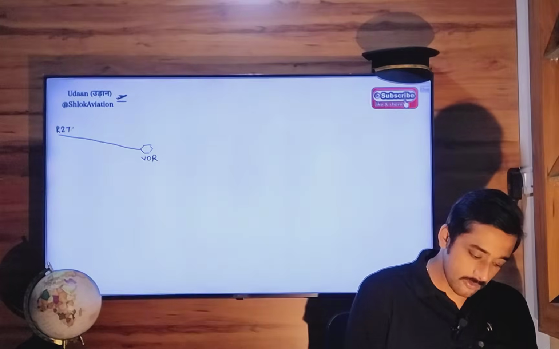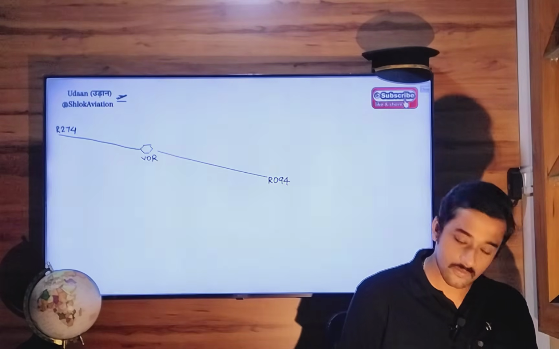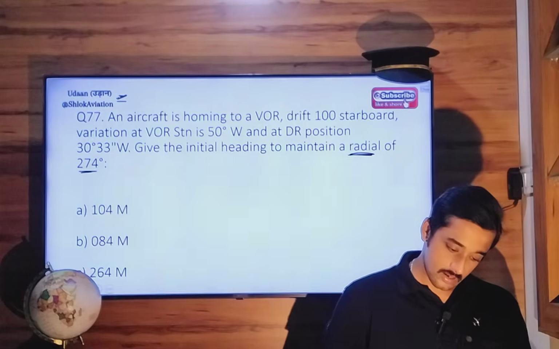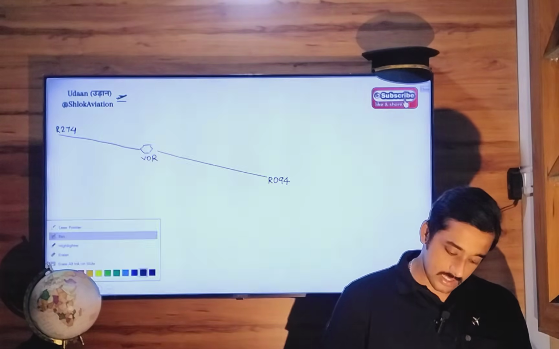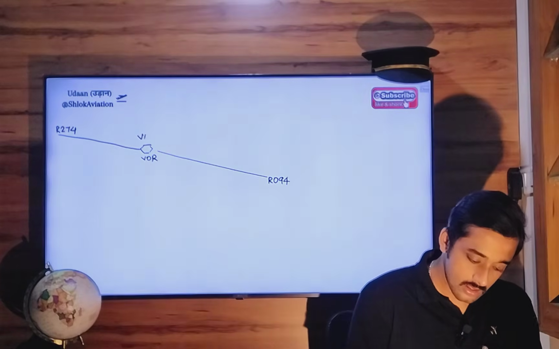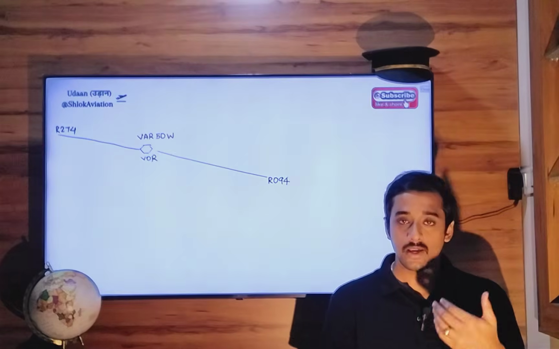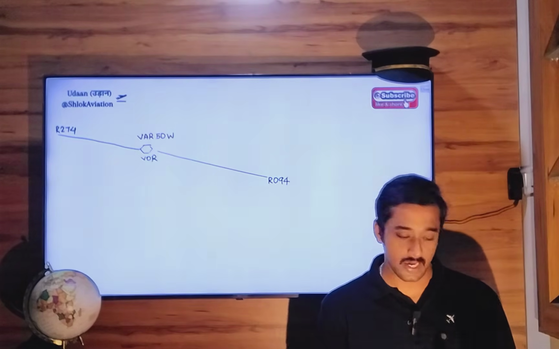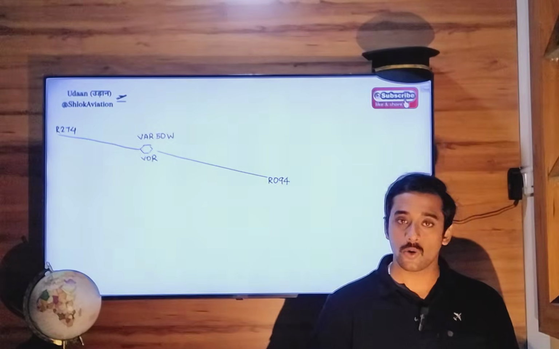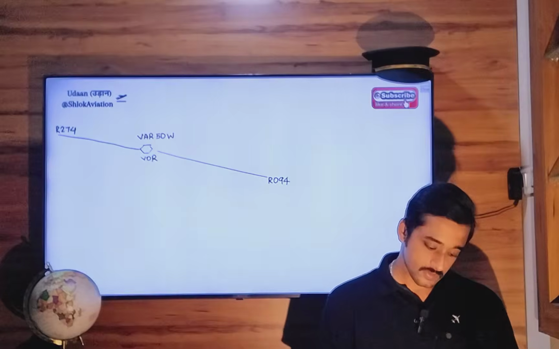Now the reciprocal of radial 274 is radial 094. Okay. Variation at VOR station is 50° west. And always whenever you solve VOR sums, you are going to use the variation at VOR, not aircraft. For NDB sums, you are going to make use of variation at aircraft location.